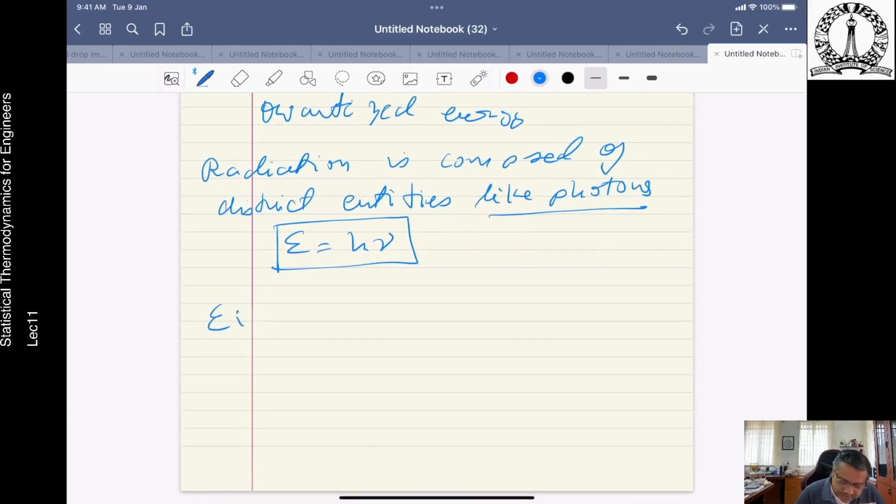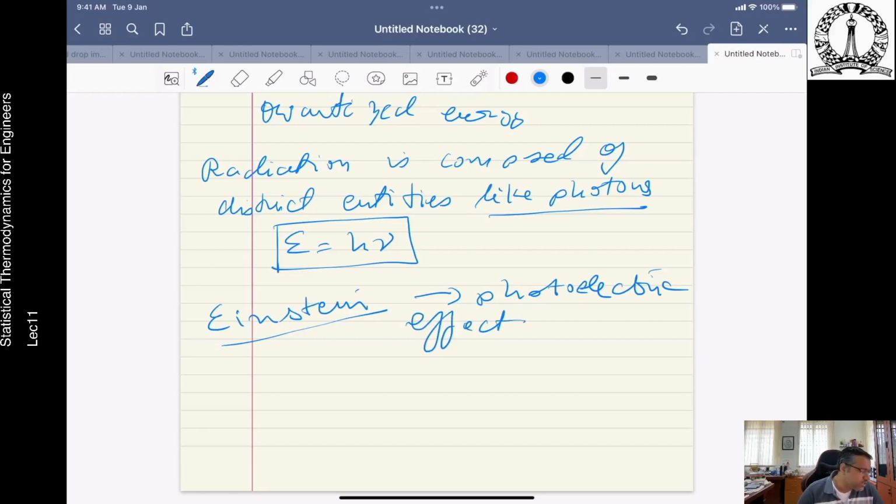Einstein, in his photoelectric effect, tried to provide an explanation of the photoelectric effect. The photoelectric effect occurs when electrons are ejected from a metallic surface as a result of bombardment with ultraviolet radiation.